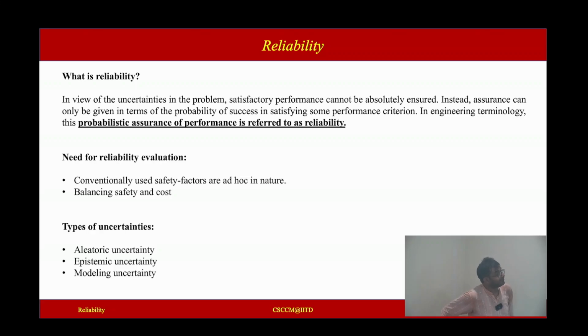And as I said, the idea of reliability is coming because things are uncertain. You cannot predict when the next earthquake seismic load will come, you cannot predict when the next cyclone might come, right. Suppose I give you a steel rod and I want you to quantify the elastic modulus of the steel rod.